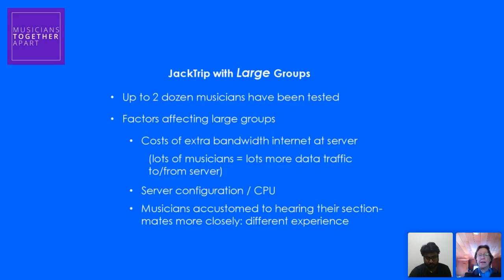When you get more than that, it gets quite harder to manage, and you have more strange things happening that can affect the performance. So one is just extra bandwidth coming into the server. You think 24 people with this super high data rate, the 48 kilohertz DVD quality audio. So that can be an issue. And then you have to have a good powerful server.